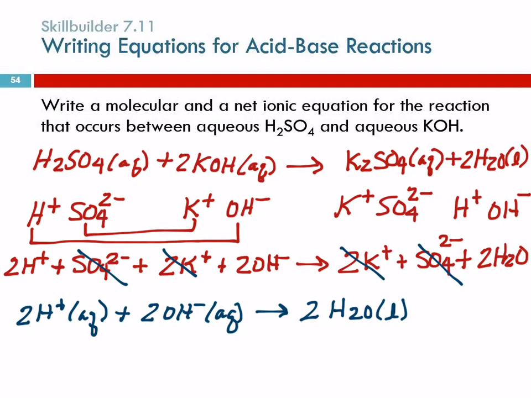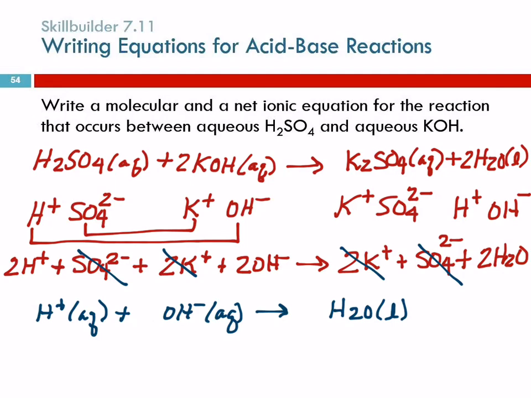Again, it's happened that we have coefficients of 2 in front of everything. And so we really should simplify and get rid of, we're dividing by 2 all the way across. So it's really 1 hydrogen ion plus 1 hydroxide ion forms 1 water molecule.